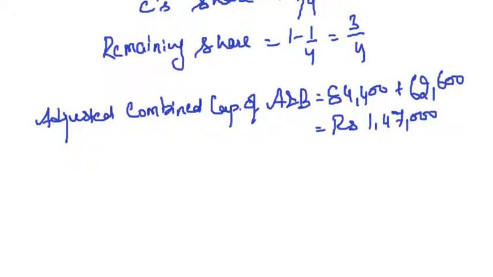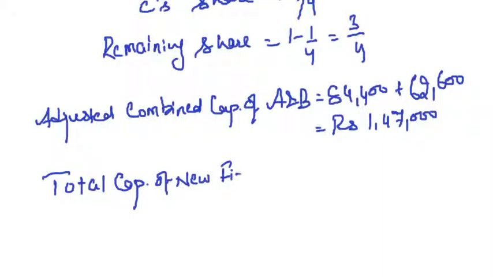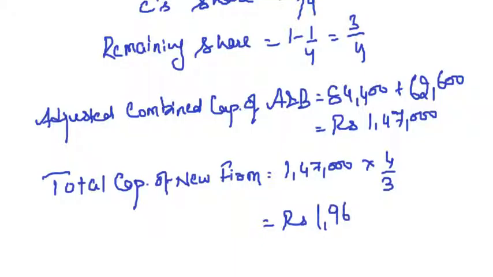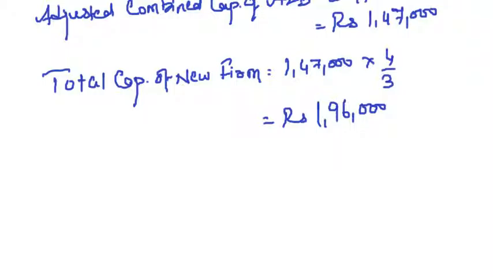We can calculate the total capital of the new firm. That will be the combined capital of A and B multiplied by the reciprocal of shares. This comes to rupees 1,96,000.